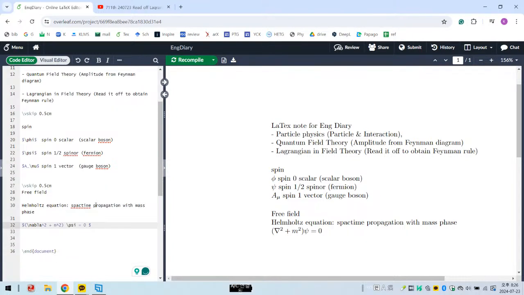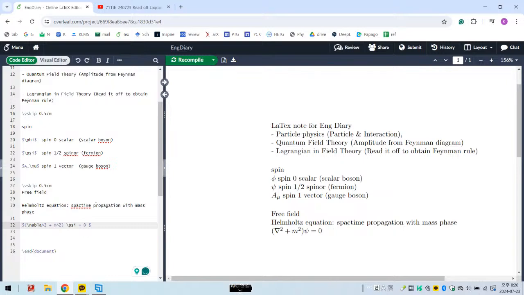For example, the electromagnetic wave satisfies such an EM wave equation. And also in quantum mechanics, the wave function in wave mechanics satisfies the Schrödinger equation.